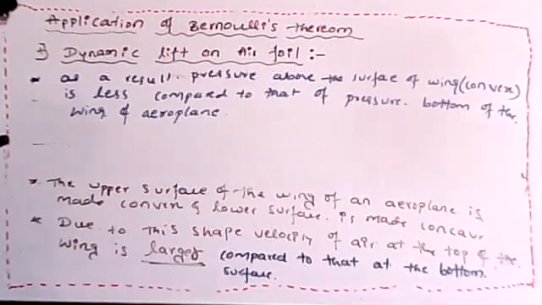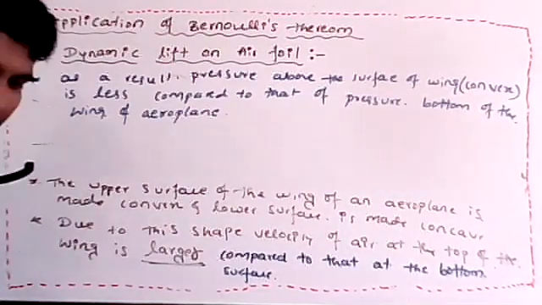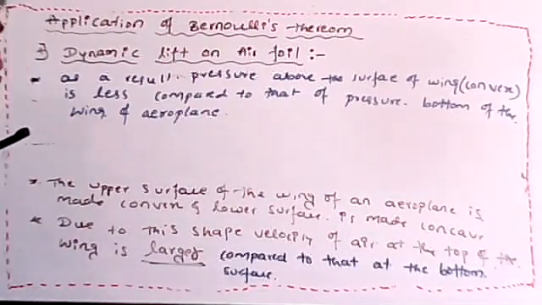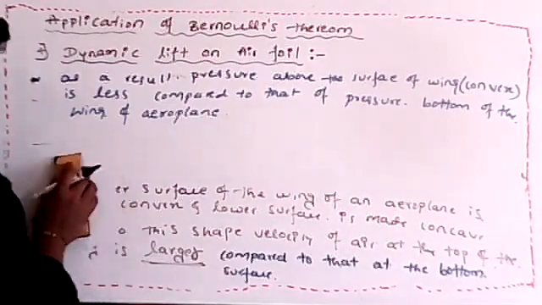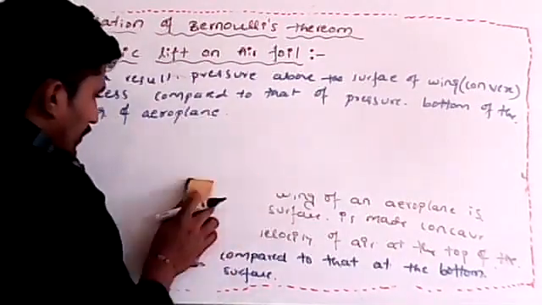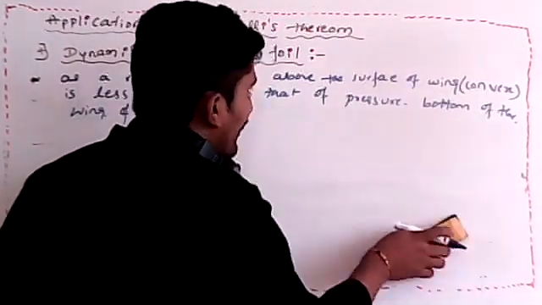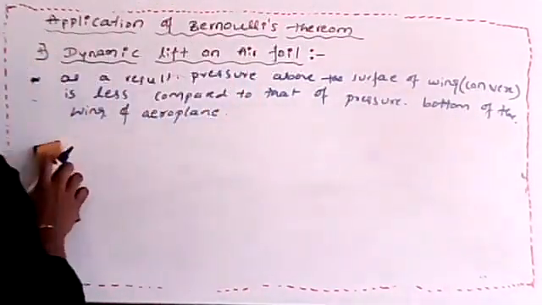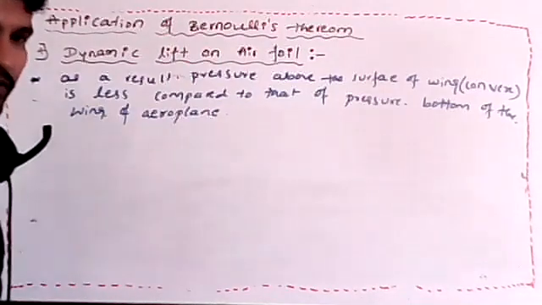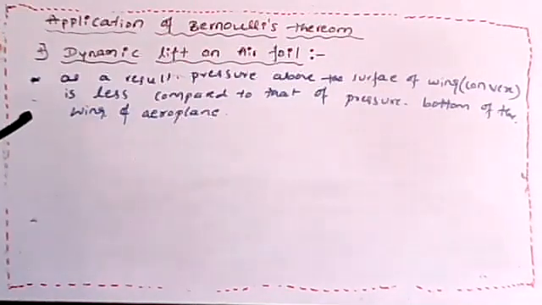Is it okay? Then remember students, one more application we have to see, that is the atomizer, or you can say a perfume sprayer. You have already seen different sprayers.